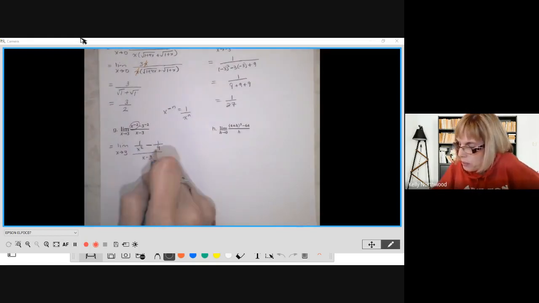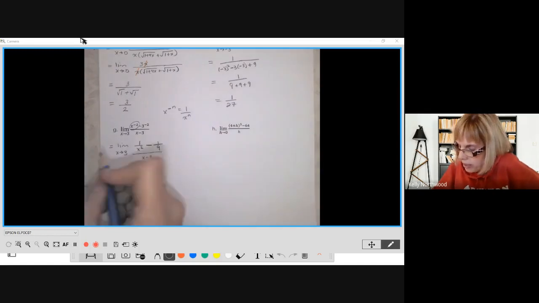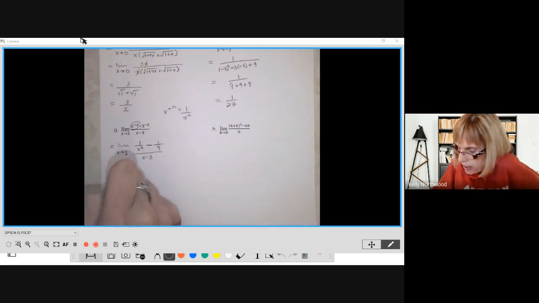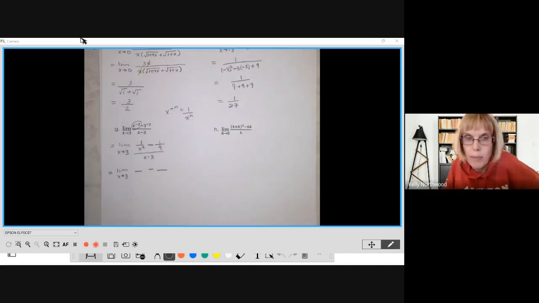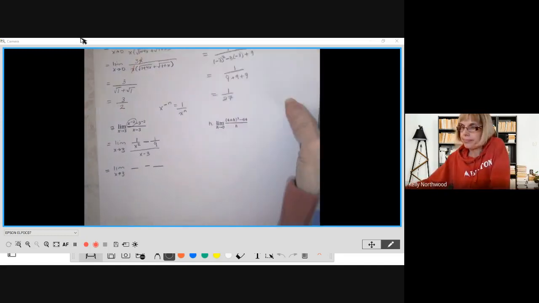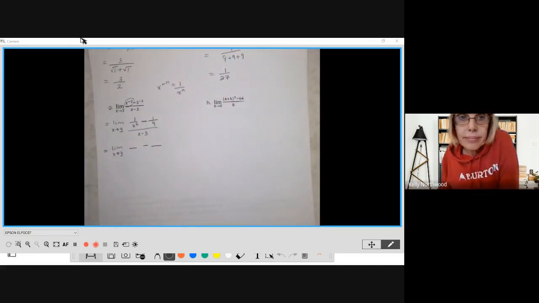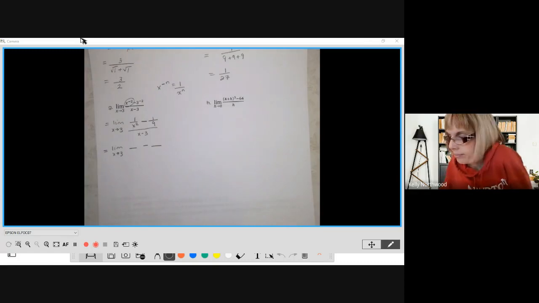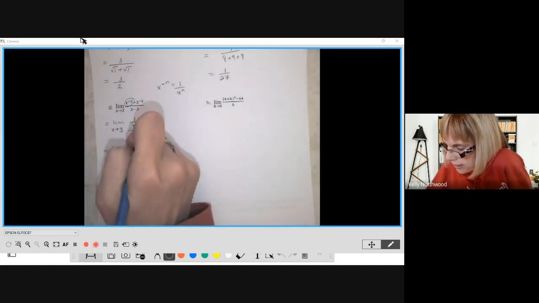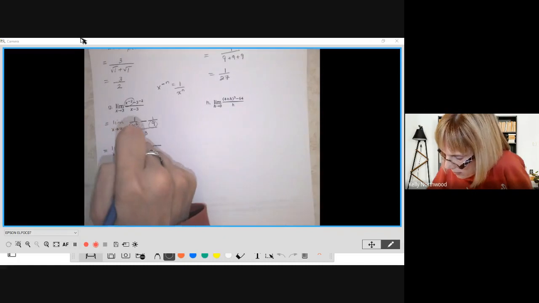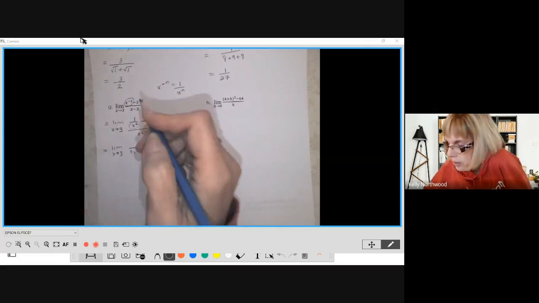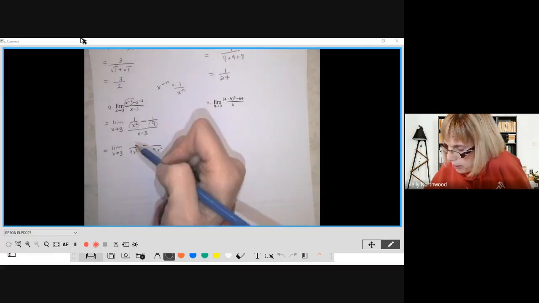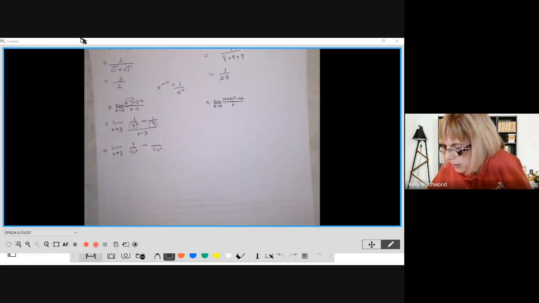So now in the numerator, we've got fractions to subtract. And you subtract fractions by getting a common denominator. What's that common denominator going to be? Nine x squared. Yep, good, 9x squared. So here I had to multiply the bottom by 9, so I have to multiply the top by 9.